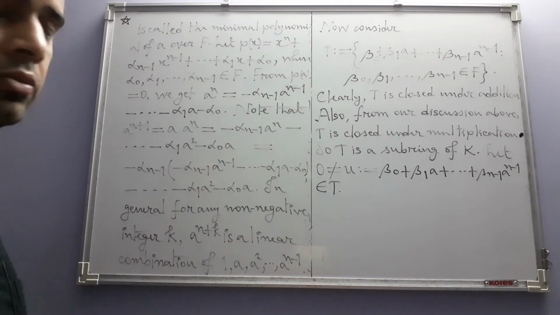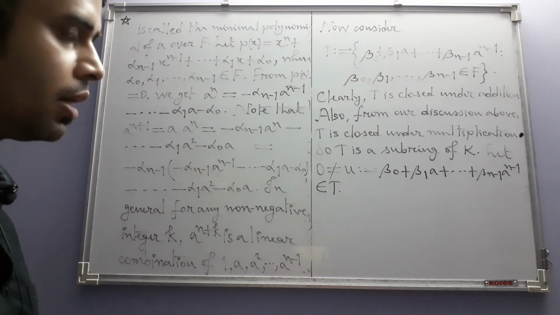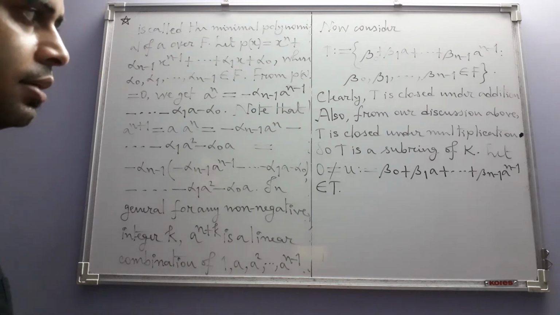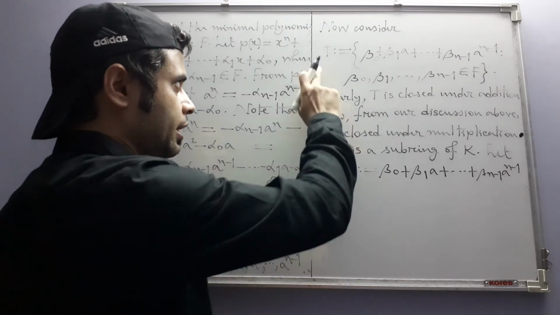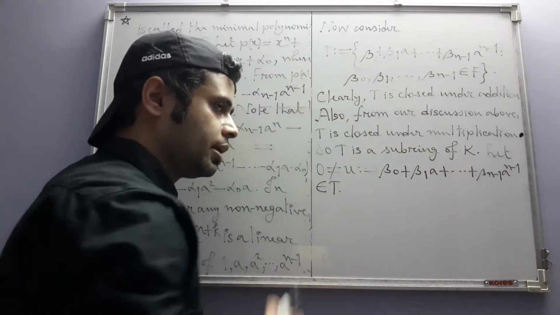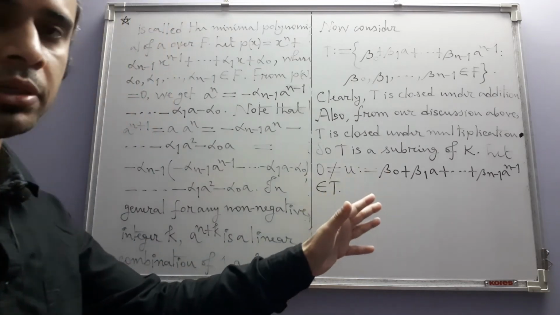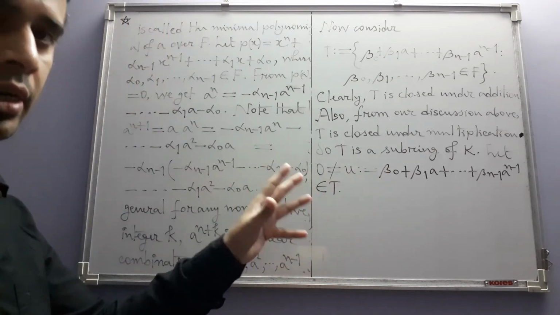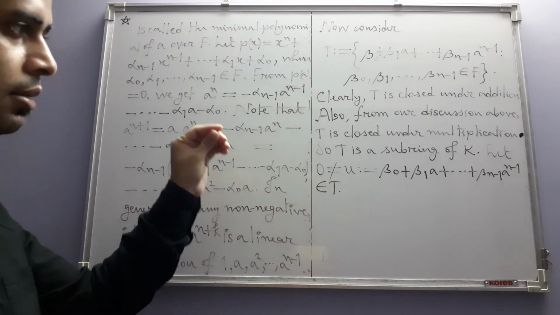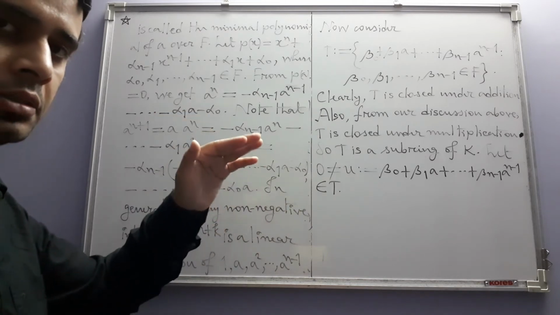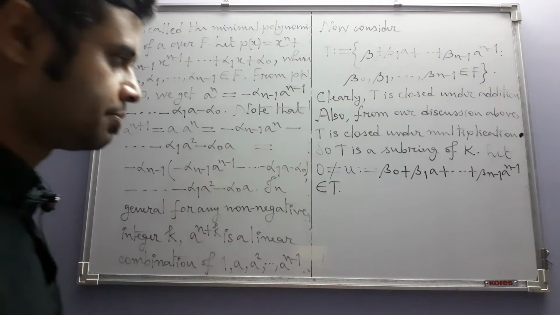We want to prove that U has an inverse. Of course, U has an inverse because the elements in T are after all elements in the field K. So U is a non-zero element in K, so its inverse is there in K, but we want to prove that its inverse is actually inside T itself.